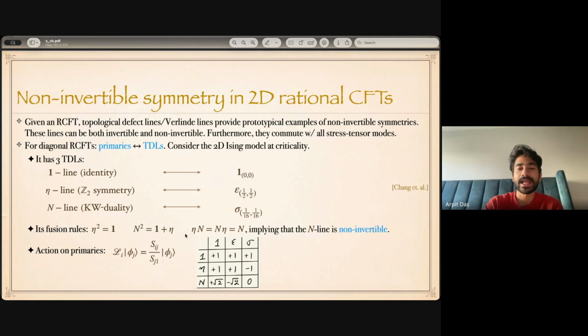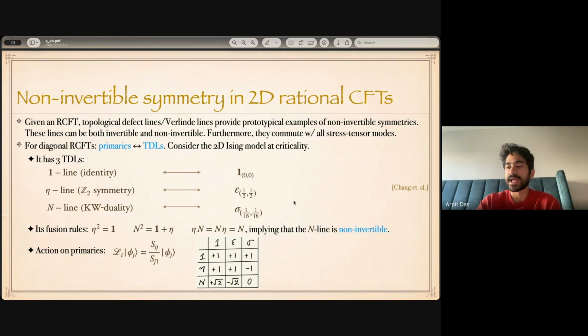You can then consider these extended operators, look at their actions on many primaries, and try to see how the non-invertibility creeps in. If you draw such a table of eigenvalues born out of the action of these operators on the primaries, you precisely see that when this N operator acts on this spin field, it projects it to 0. So there is no way to invert this operator.